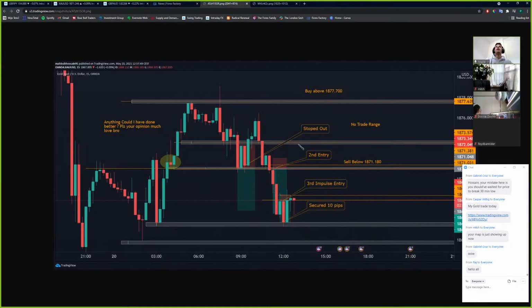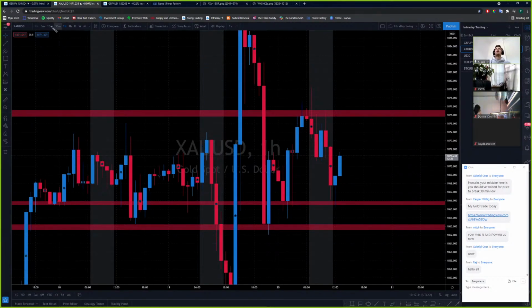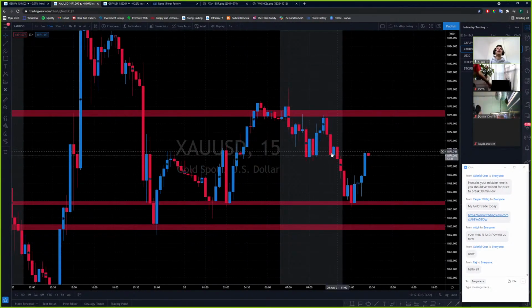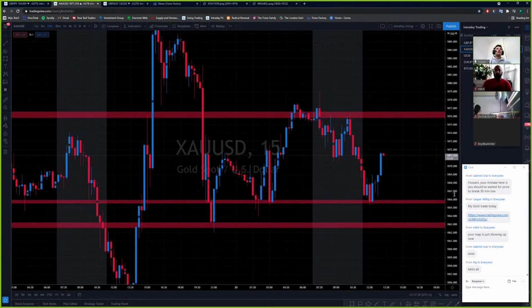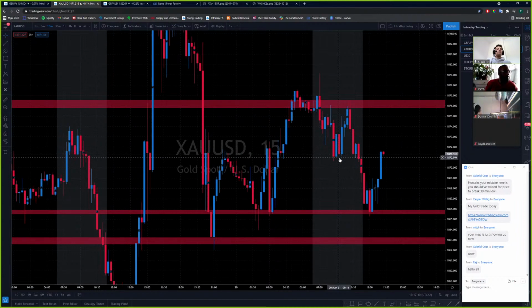How did you manage risk on the first entry? I think it was pretty difficult. The price was moving so fast that I couldn't manage my risk. I was stopped out, and I figured out why it didn't work out. I didn't draw the support properly.